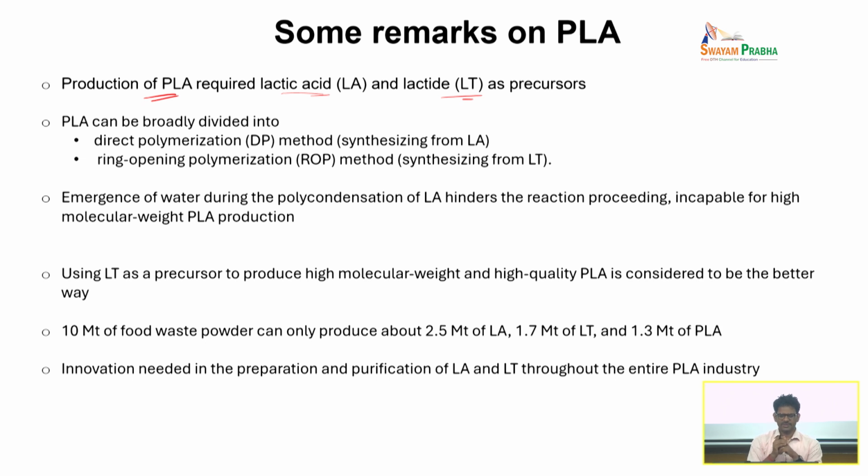And if you think about how we do polymerization, there are two kinds of polymerization. One is called direct polymerization. That means you take your monomer, which is lactic acid, okay, and then directly do what's called a condensation reaction, with which you can create polylactic acid. So the direct polymerization uses lactic acid, whereas another polymerization, which is called the ring opening polymerization, uses lactide, because as I said, lactide is a cyclic molecule. It has this ring like structure.